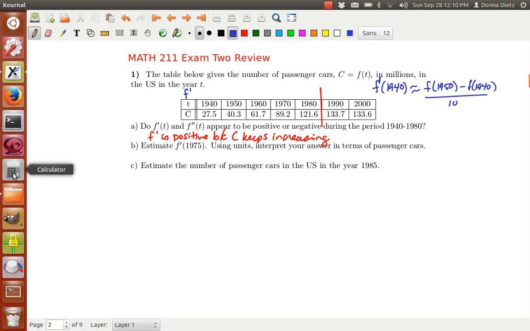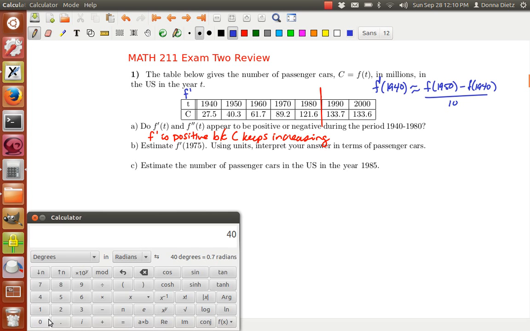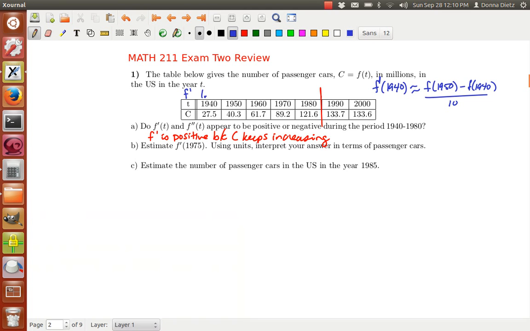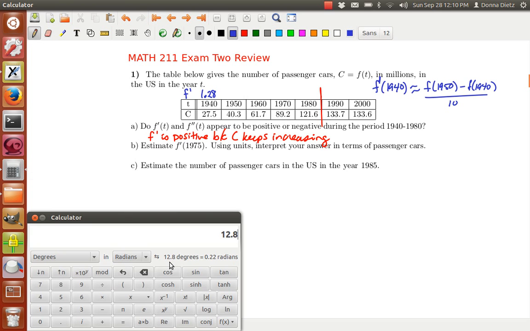Okay, so 40.3 minus 27.5, and that should be 12.8, so the derivative is 1.28. Okay, and then the next one is going to be 61.7 minus 40.3, 2.14.